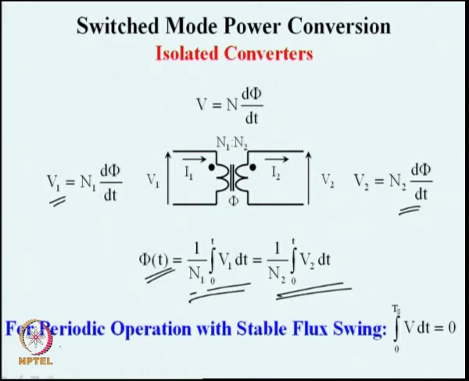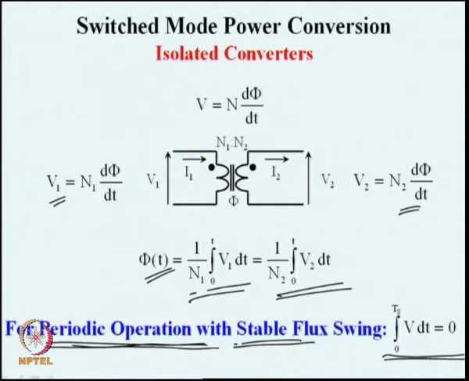For periodic operation, one of the important things is that the flux swing is symmetrical. It starts from the same point, and at the end of the cycle it comes back to the same point if it is a stable periodic operation. In such a case, to obtain a stable flux swing under periodic conditions, the volt second integral of the excitation voltage has to be 0.